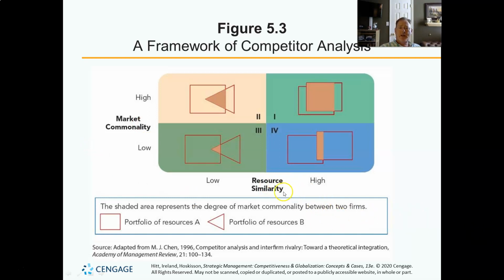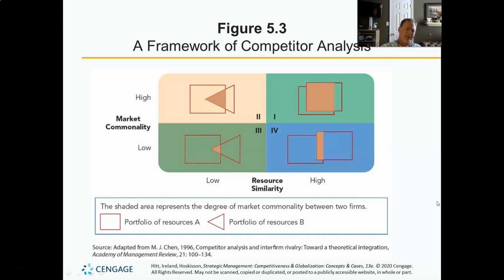If we have low market commonality and low resource similarity, right, then very little competition. If we have high market commonality and high resource similarity, right, there's going to be a tremendous amount of overlap.